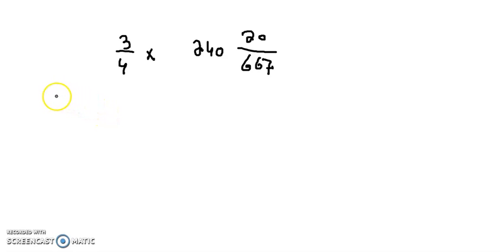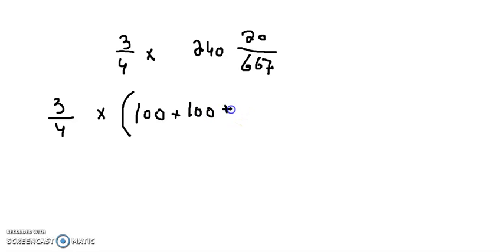So let's see how we do it. 3 by 4 times, and then we're going to break this fraction into smaller chunks. In 240 we have 2 hundreds, 100 plus 100, and then the remaining is 40, plus 20 by 667.